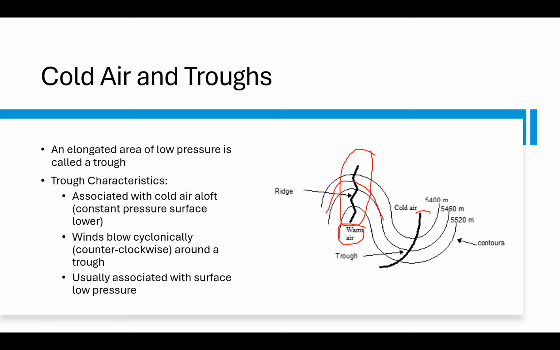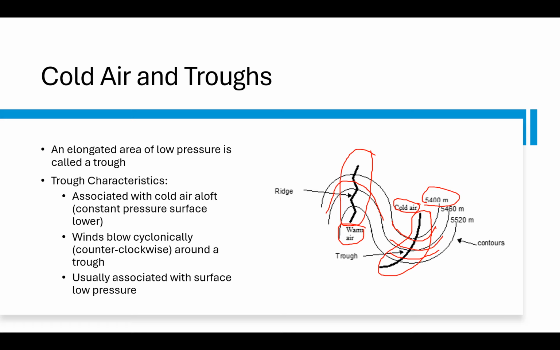Meanwhile, a trough is marked by this solid dark line here, and it's representative of this U-shaped bending of these height values, or these height contour lines. And notice back in the cold air, in association with the trough, you have lower heights, right? So I just want to point out those key features.